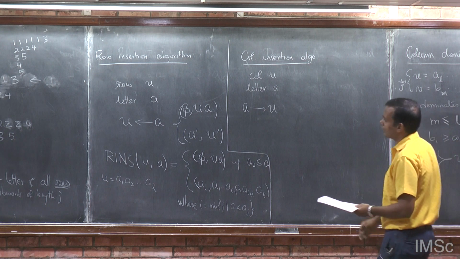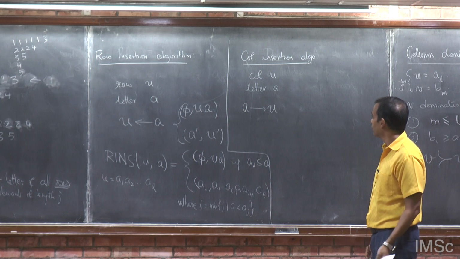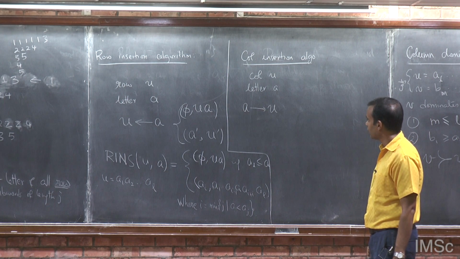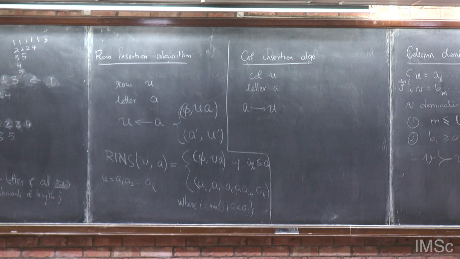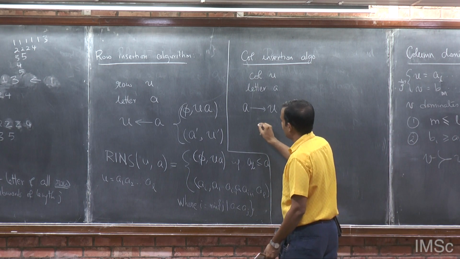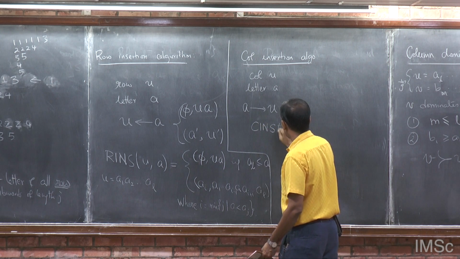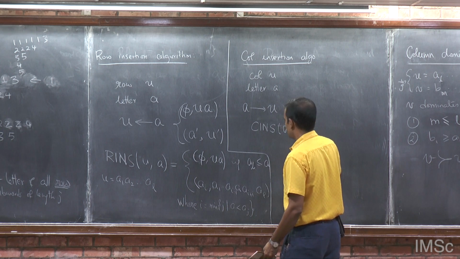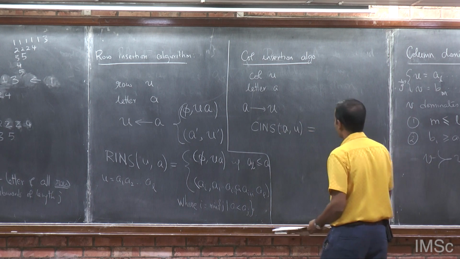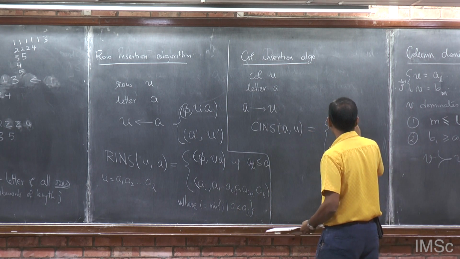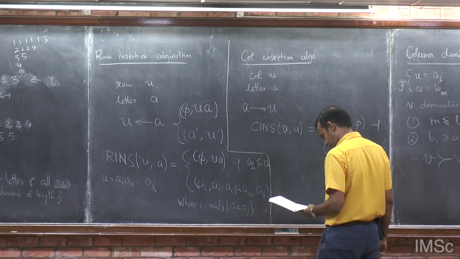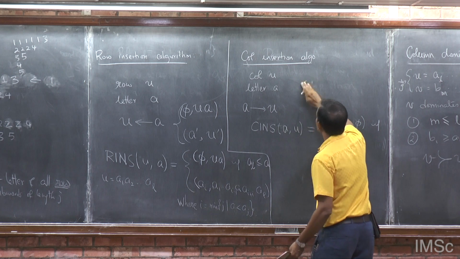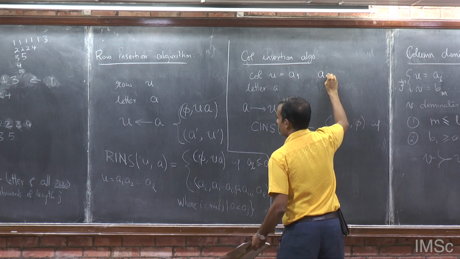So it goes in the opposite direction. So let us say U is A1, ..., AL.